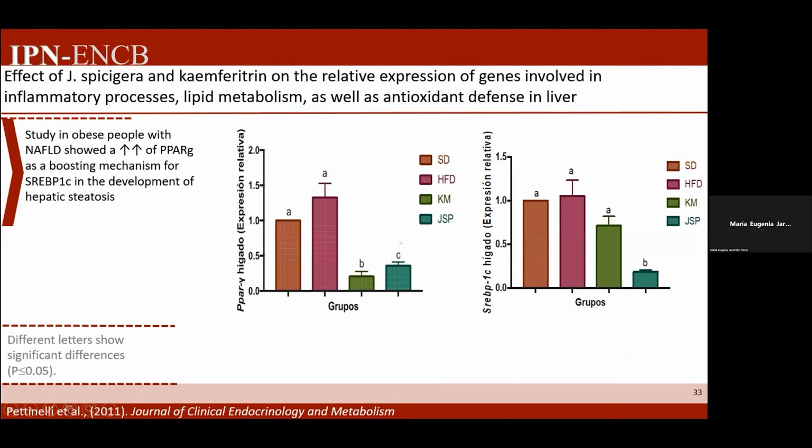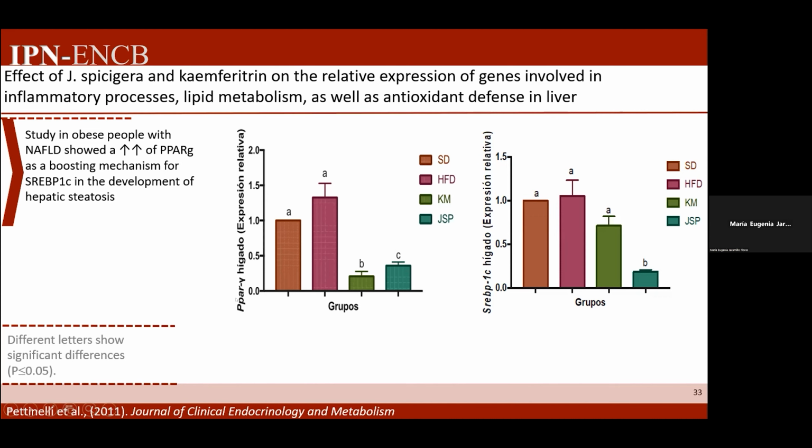In the case of PPAR gamma and SREBP1C, related to the synthesis of lipogenic signaling, we found no difference between the high-fat diet and the standard diet, but anyway, kaempferitrin and Justicia spicigera reduce PPAR gamma by an important percent.